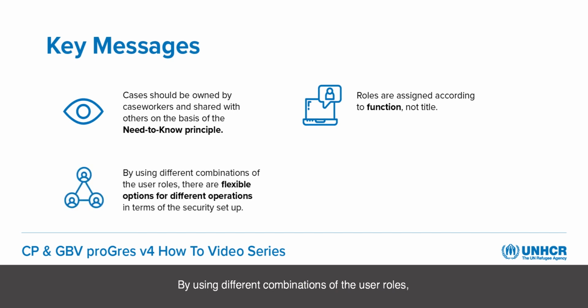By using different combinations of the user roles, there are flexible options for different operations in terms of security setup. And so instead of just giving people higher level of access, it's important to ask Prime support and your technical support focal points to figure out what is the best way to configure roles to give people the access they need, but not extra.